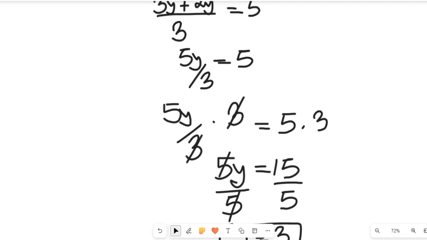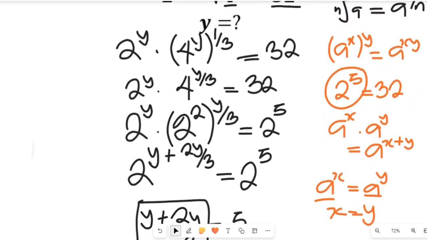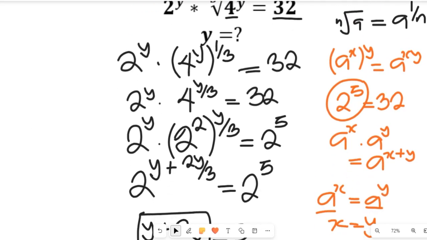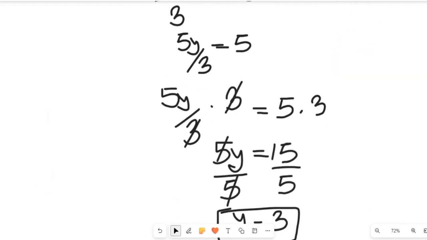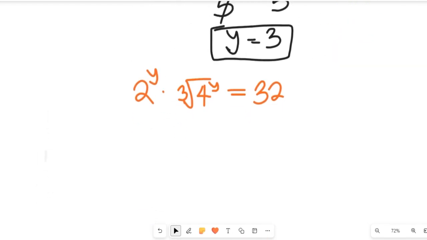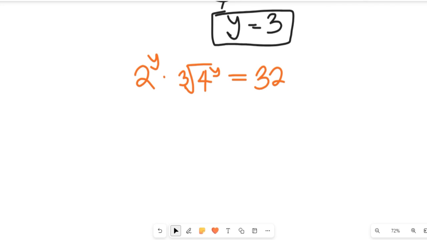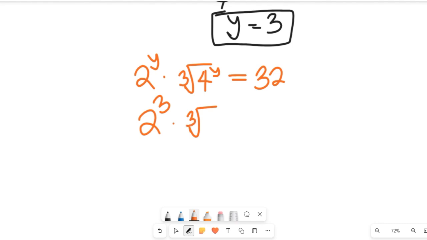Remember, that's the initial equation we're given. So let's flash our mind back to that equation. Now let's find out if we insert y equal to 3, will it give us 32? So we'll have 2 to the power of 3 multiplied by the cube root of 4 to the power of 3. Will this give us 32?